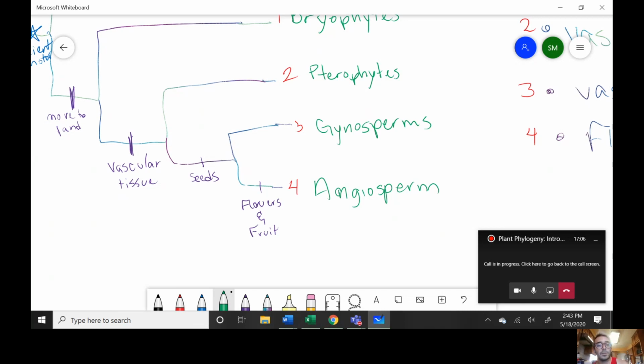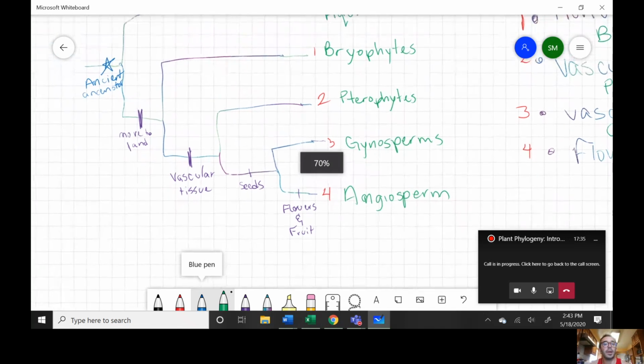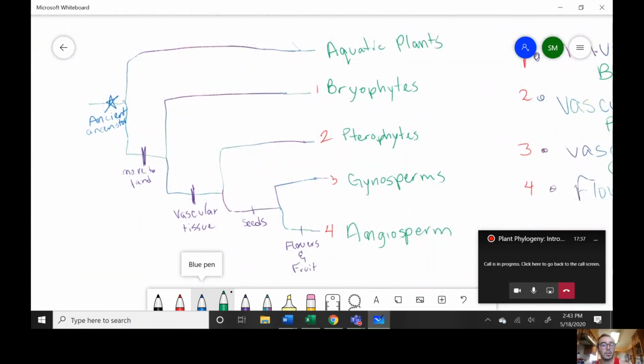With the development of fruit, their seeds would be covered with a fleshy fruit, which attracted herbivores and omnivores to eat the fruit and poop and fertilize their seeds along their way and really spread out. And that's really why angiosperms have been so successful as a group of plants, because they've utilized animals to spread their seeds across the world.